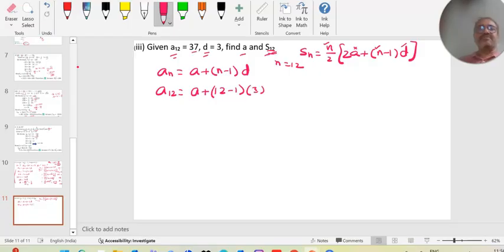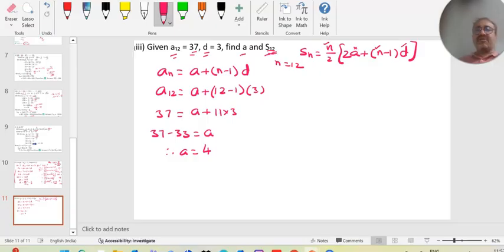Now a12 is 37, substitute 37. 37 equals a plus (12 minus 1, which is 11) into 3. Now 11 into 3 is 33, so a is equal to 37 minus 33. Therefore, a is equal to 4.